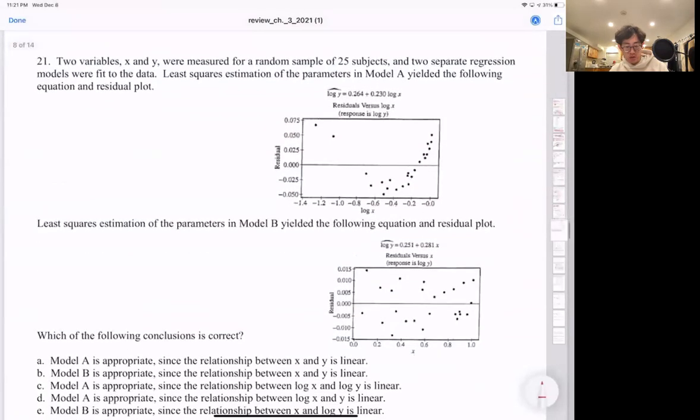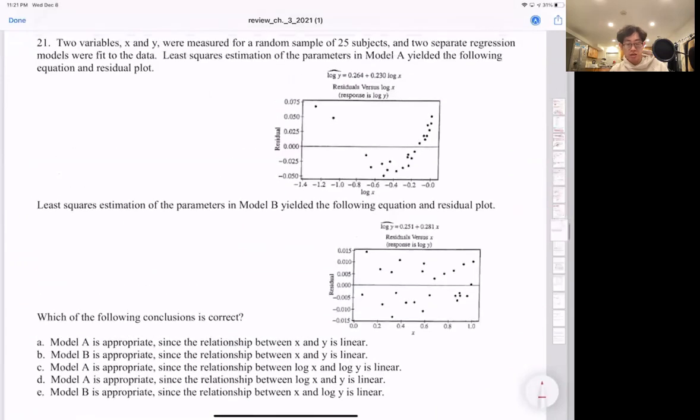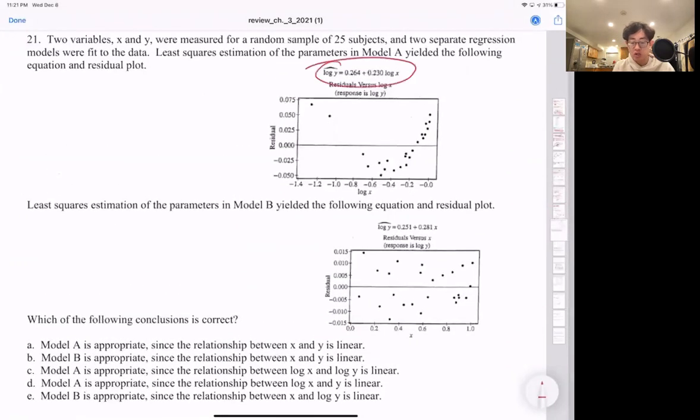Two variables, X and Y. This is the most recent thing that I talked to you about, of how you can change your X and Y, apply transformations, and achieve linearity. So here we have the residual plots, my mistake, and the question asks which of the following conclusions is correct.